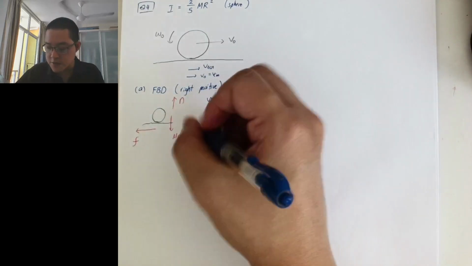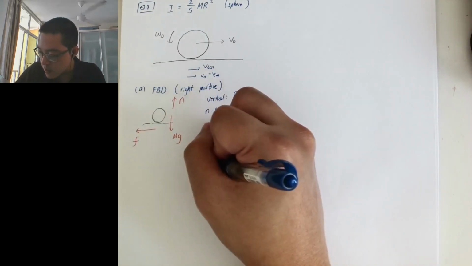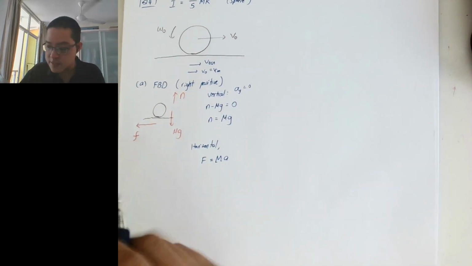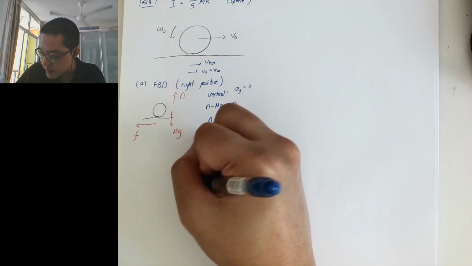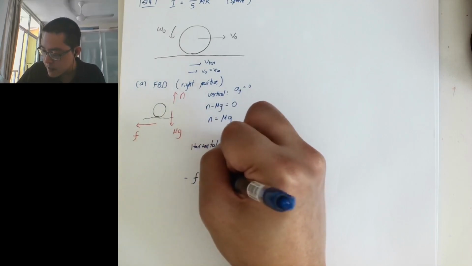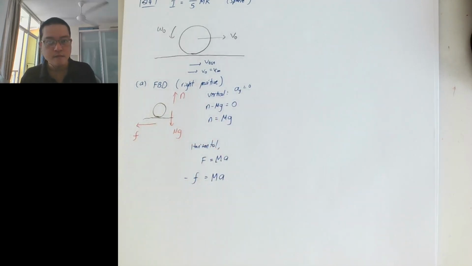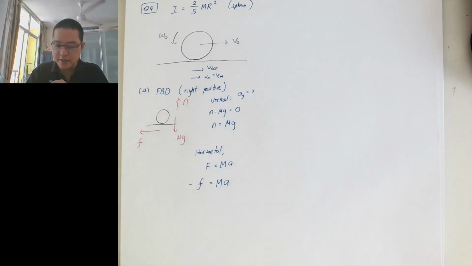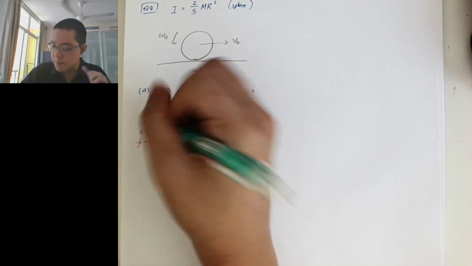So the horizontal force is F equals ma, and the friction force is acting to the left, so it's negative F equals ma. Do you agree?